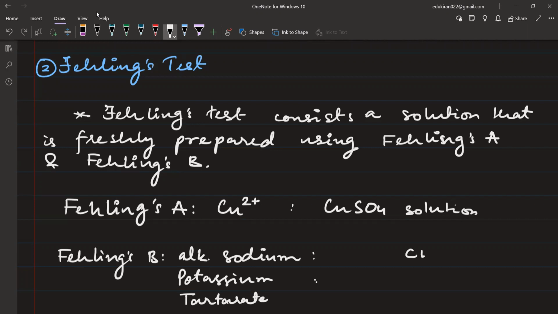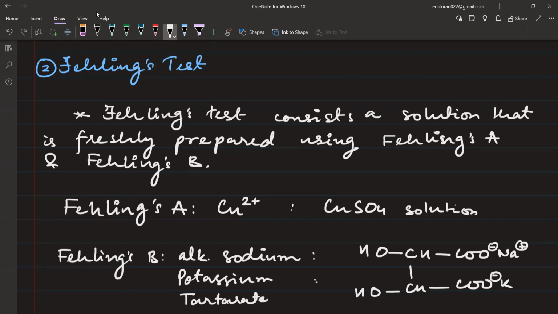So you will have something like this. CH, it has C double bond O. That means it has carboxylate ion, and then again CH, C double bond O. Now it has three bonds. This has one OH, and this has also one OH. Okay, so this is tartrate. Now one of the COO negative will have Na positive. The other COO negative is going to have K positive. So this is sodium potassium tartrate.